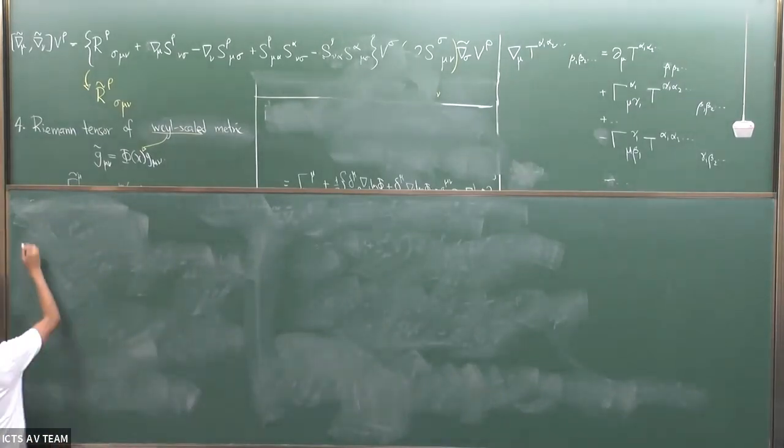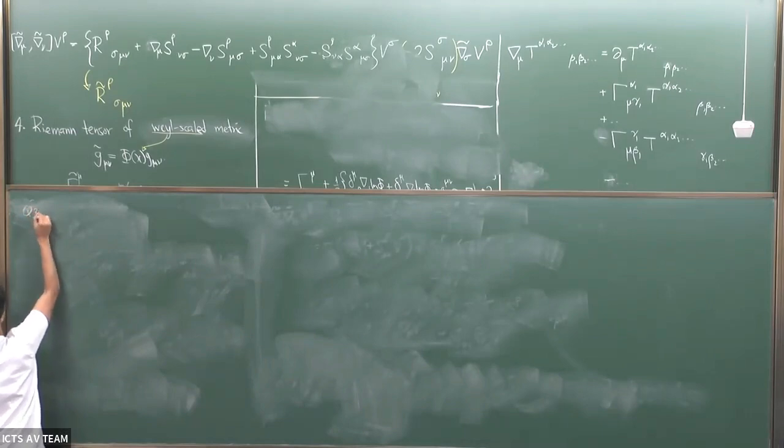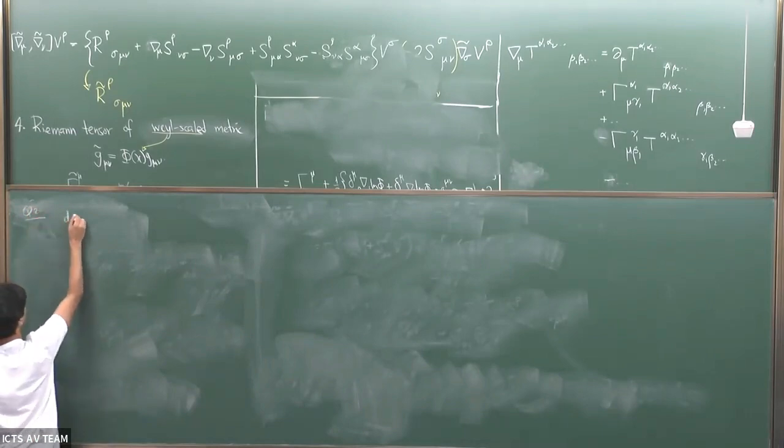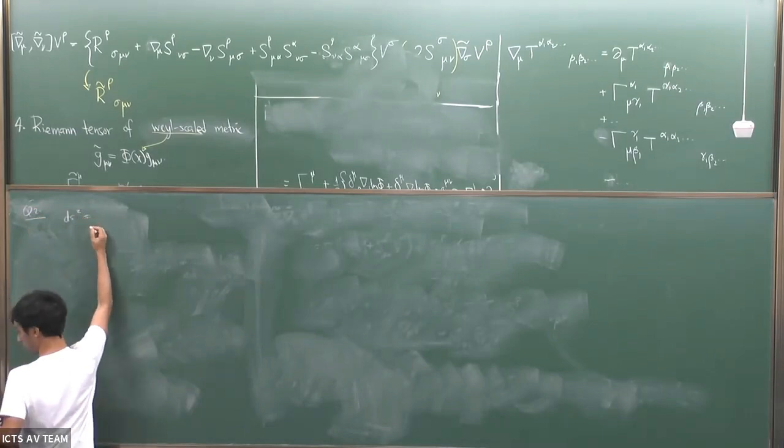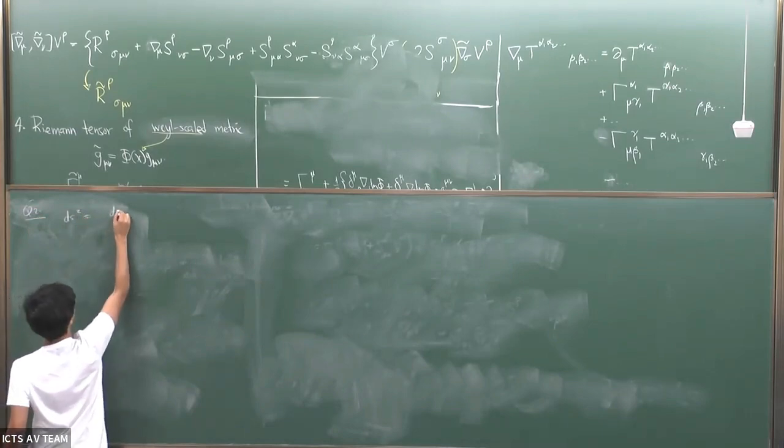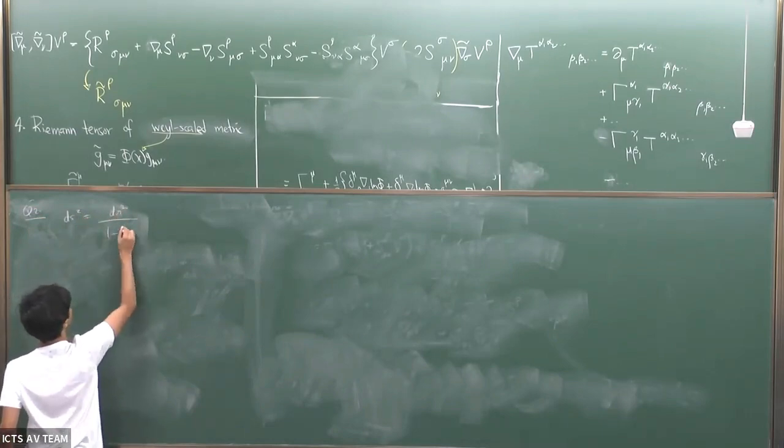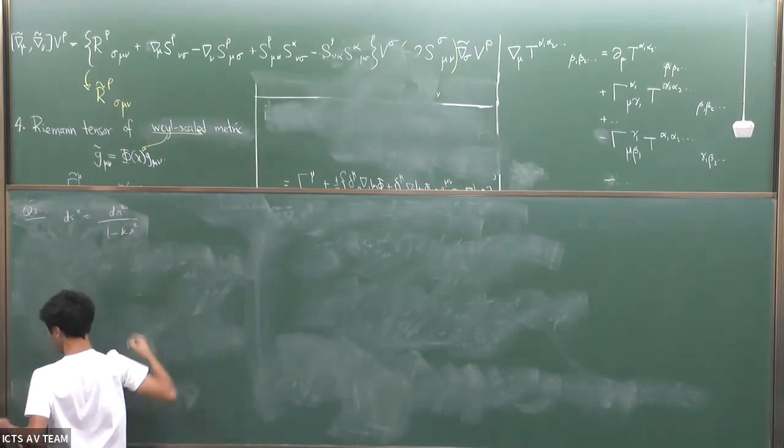Yeah, so I'll start with the second question first. In the second question, we had the metric ds² = dr² / (1 − kr²).